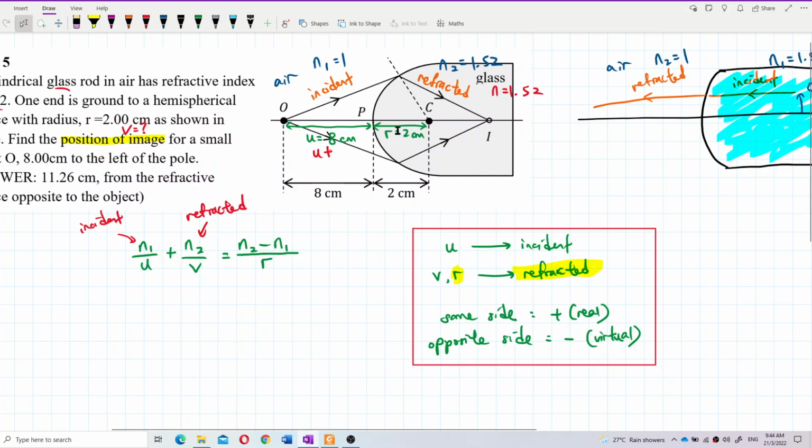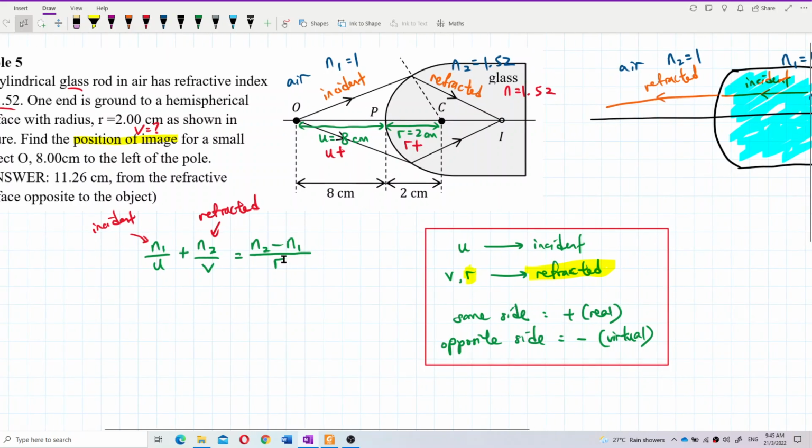So this radius is on the same side as the refracted ray. See that? Same side, so same side is positive. So we can say this radius is positive. Why is this radius positive? Because it is on the same side as the refracted ray. So this is positive 2 centimeter.